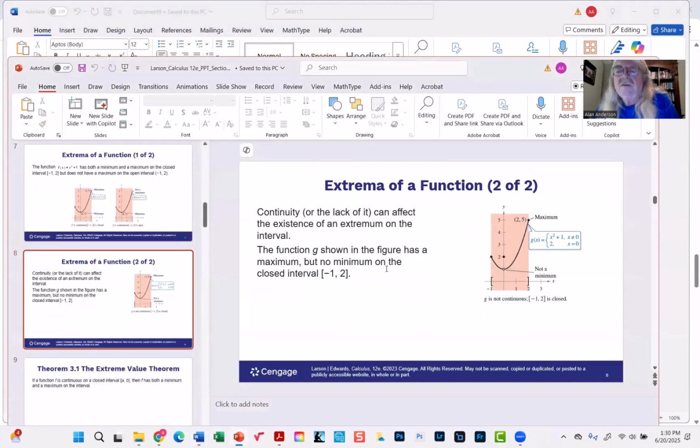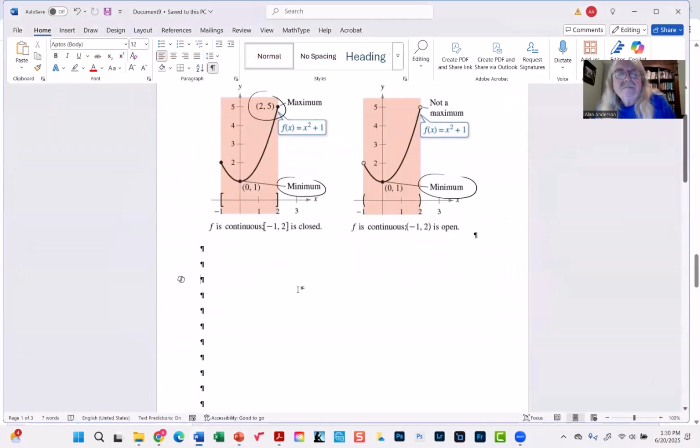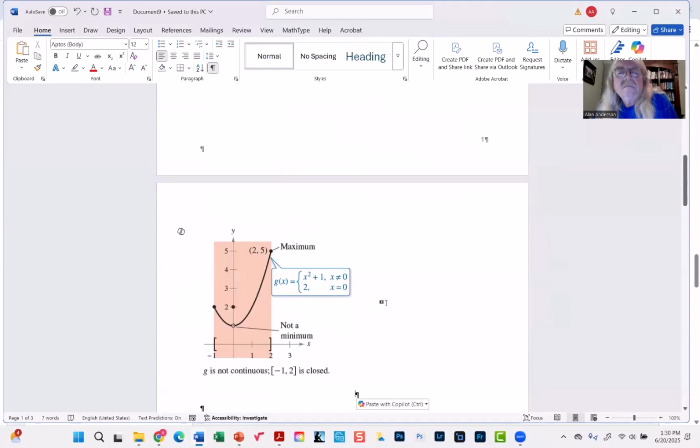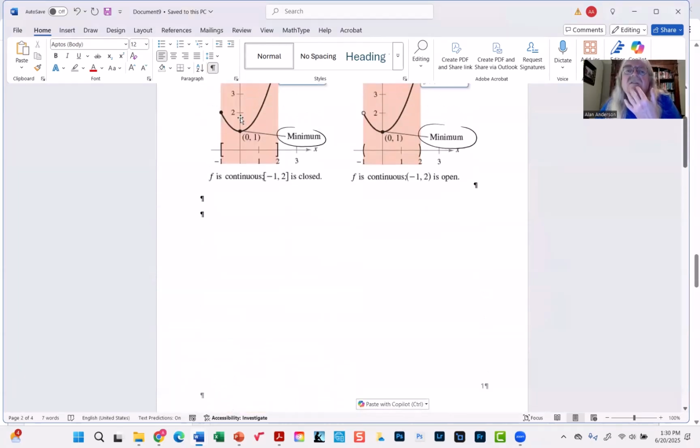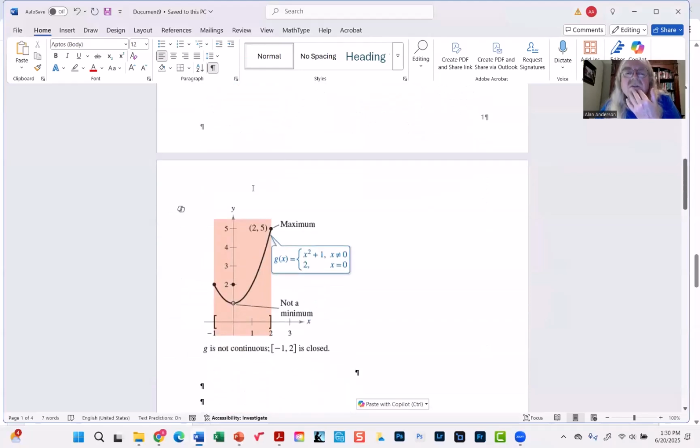So in general, oh, here we go. They're giving us an interesting case. Now look what happened here. This one has a closed interval, just like this one on the left, except at the point where x equals 0, instead of the function equaling 1, it's defined to have 2 separate values.